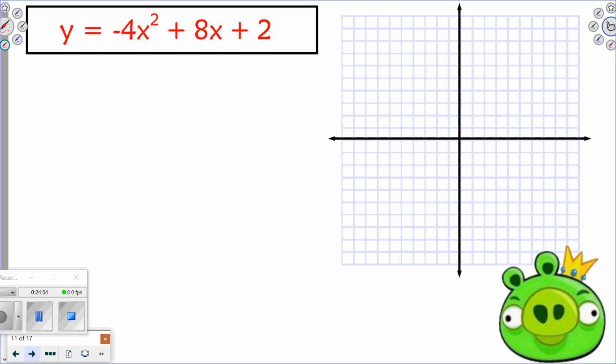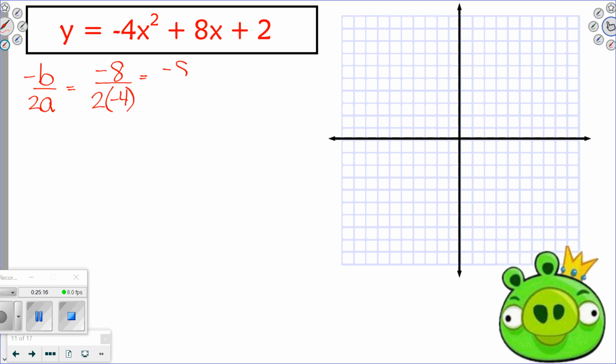So negative 4x squared plus 8x plus 2. All right, so first thing, let's find the vertex. So let's do the negative b over 2a. Negative b is going to make negative 8 over 2 times a, and a is negative 4.